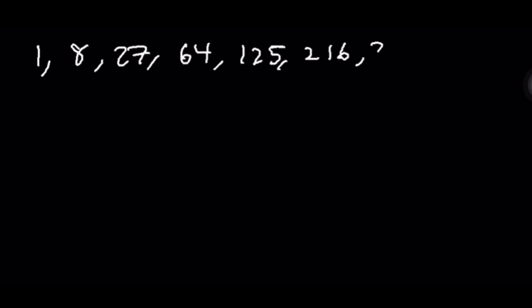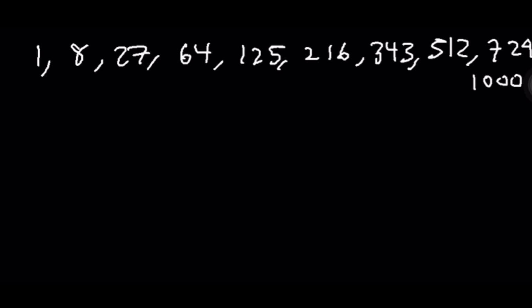So 1 to the third is 1, 2 to the third is 8, 2 times 2 times 2 is 8, 3 cubed, or 3 times 3 times 3, is 27, 4 to the third power is 64, 5 cubed is 125, 6 cubed is 216, 7 cubed is 343, 8 cubed is 512, 9 cubed is 729, and 10 to the third is 1000. 10 times 10 times 10 is 1000.